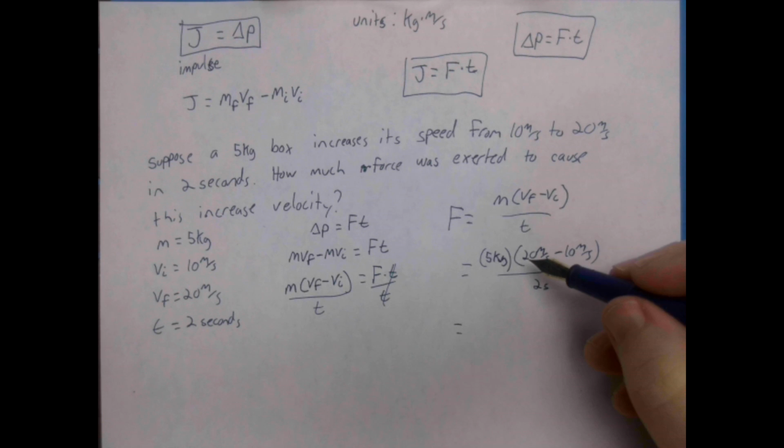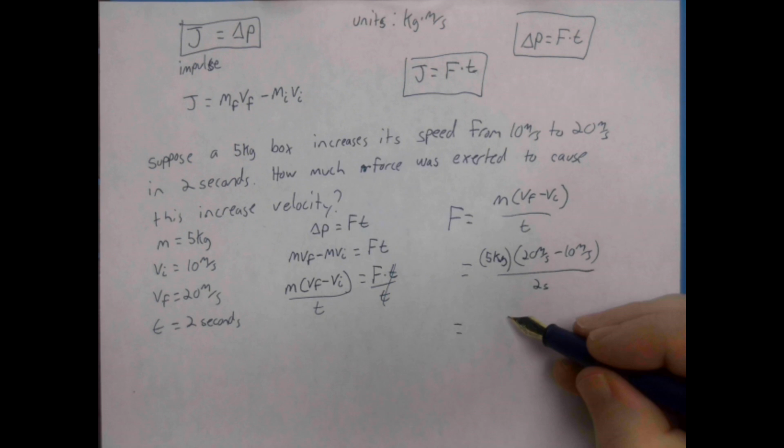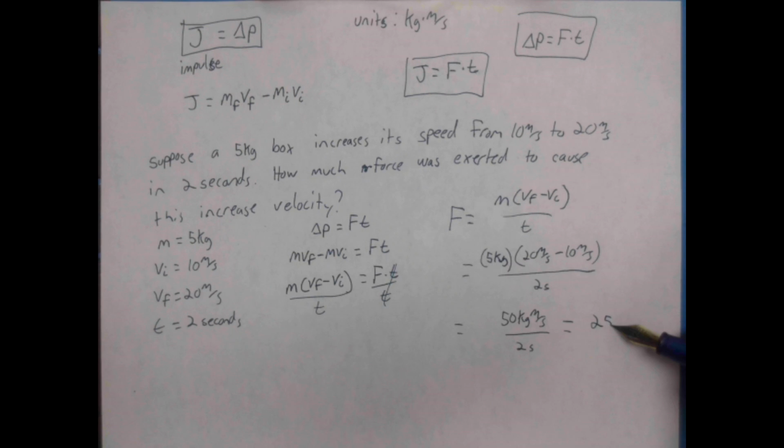So 20 minus 10 is 10, and 10 times 5 is 50 kilogram meters per second divided by 2 seconds. That's equal to 25 kilogram meters per second squared, which is the unit of newtons, so 25 newtons.